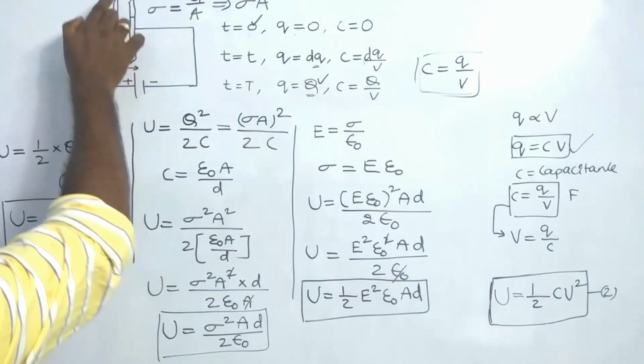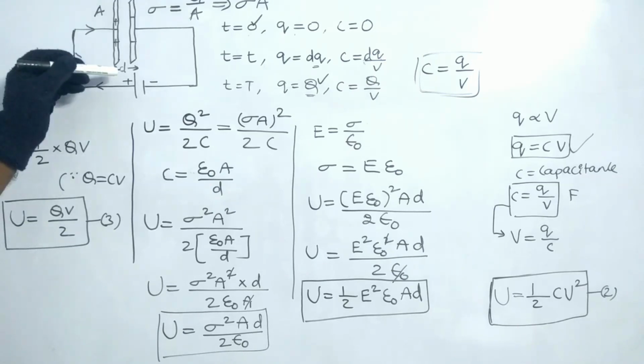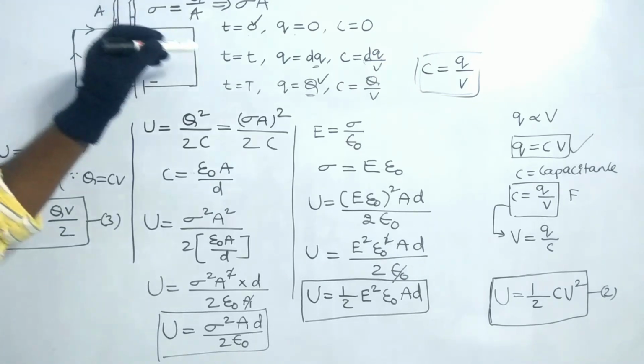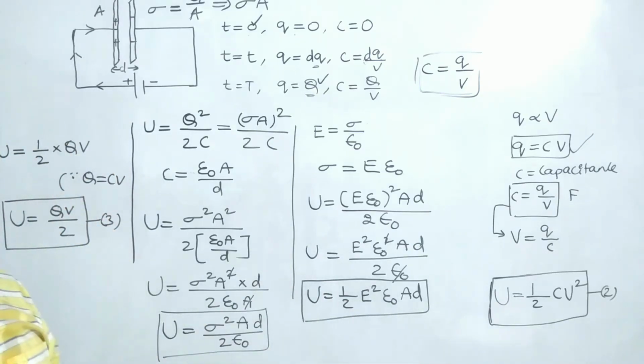where the intensity of the electric field is E, the area of the capacitor is A, the distance between the two plates of the capacitor is small d, and the permittivity of the medium or free space is epsilon naught.